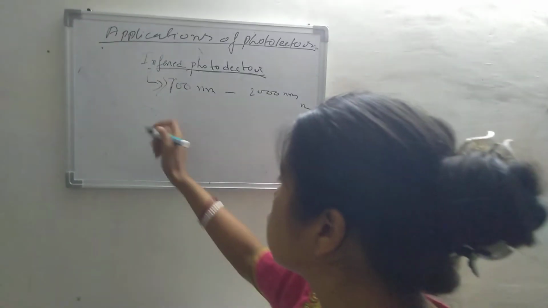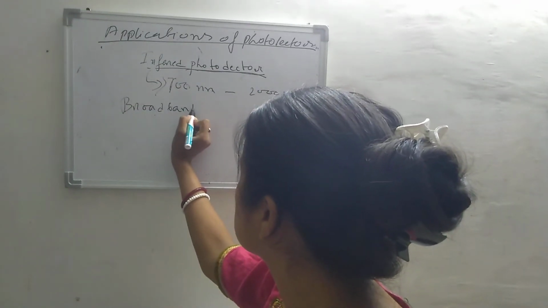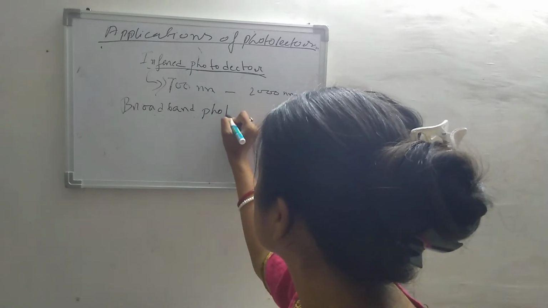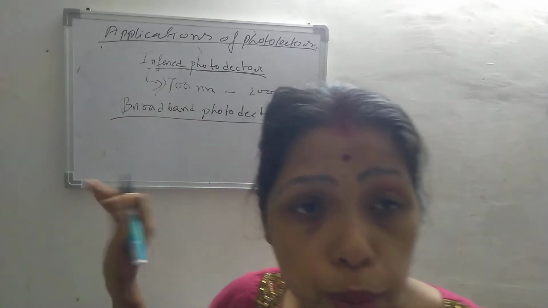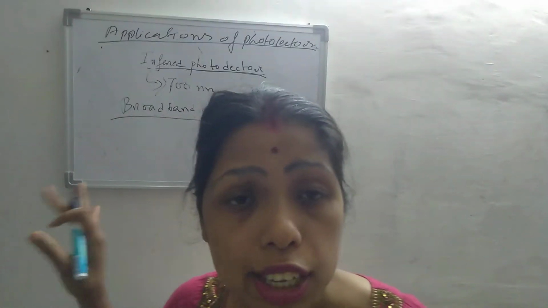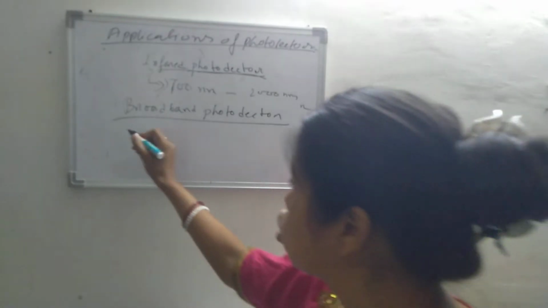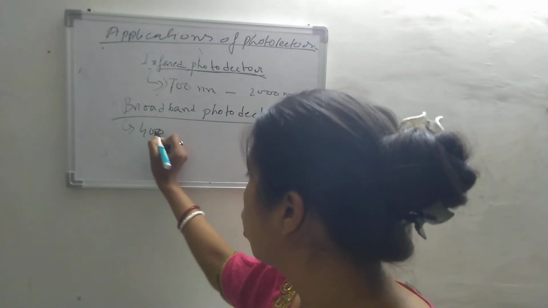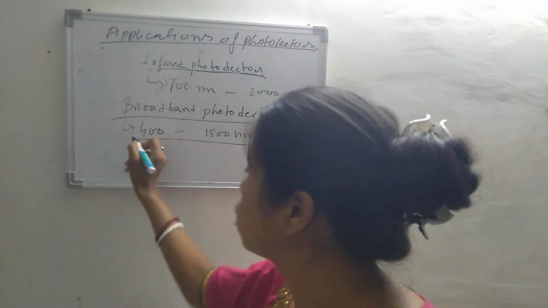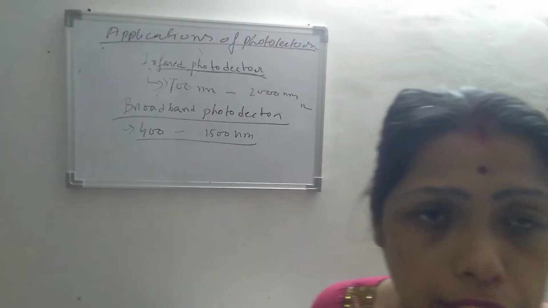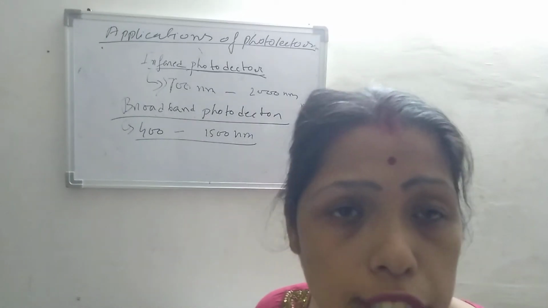Next is the broadband photodetector. The broadband photodetector is used to detect panchromatic light. That means it should have a wavelength range from 400 to almost 1500 nanometer. This is called the broadband photodetector. Lots of photodetectors are designed for this application.